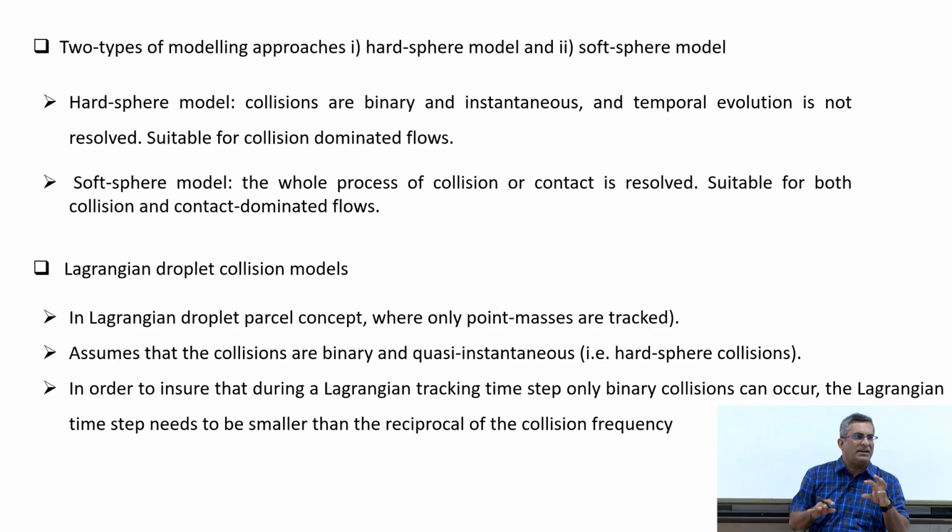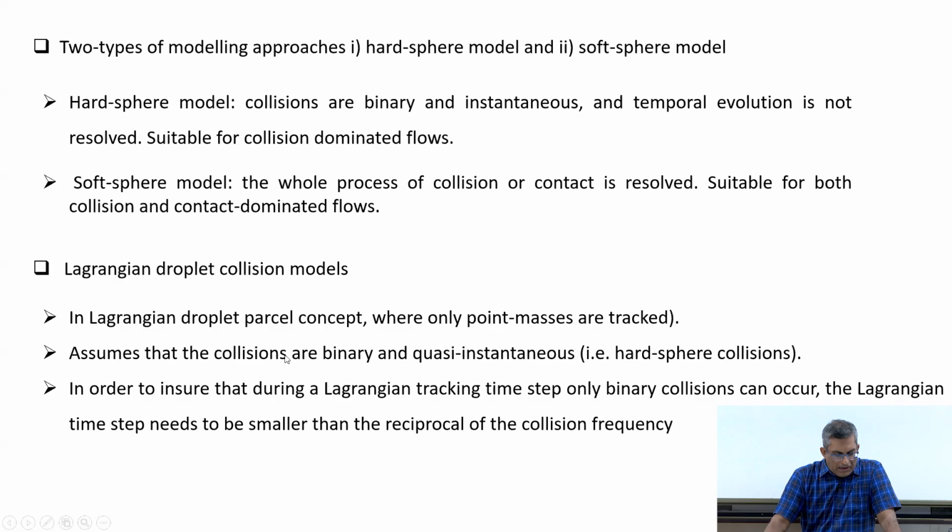One is fully resolved flow, where you resolve the flow around the particles. The other approach, which is mostly used, is the point particle assumption, where you do not consider the physical presence of the particle, but you account for all the forces. Now, how do you model the collision effect?